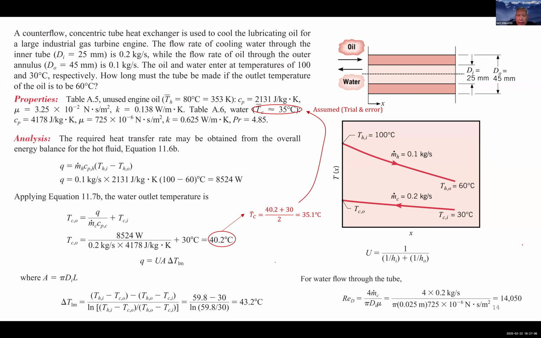And also, I know that m dot equals rho A UM, where A is equal to pi DI squared over 4.